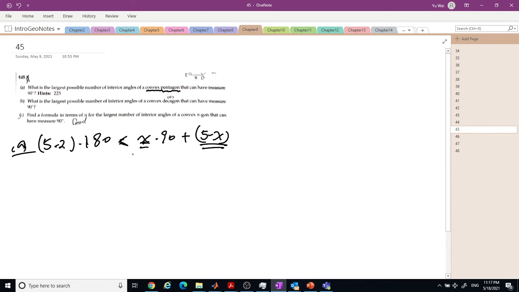If every remaining angle became 180, but we cannot achieve 180, so this should be greater than the sum of the interior angles. By solving this, we have 5 times 180 here.